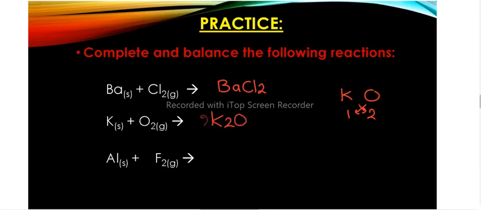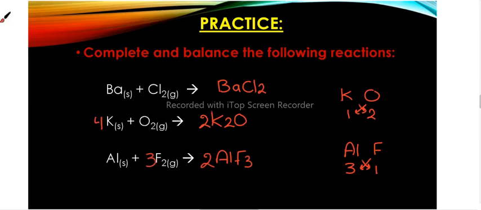Now for the balancing, you will multiply by 2 and here by 4. For the Al and the fluorine, you're going to have a 3 here and a 1 right here. So this is AlF3. Now to balance as a common number, I will multiply by 2, by 3 in order to have a 6, and by 2.